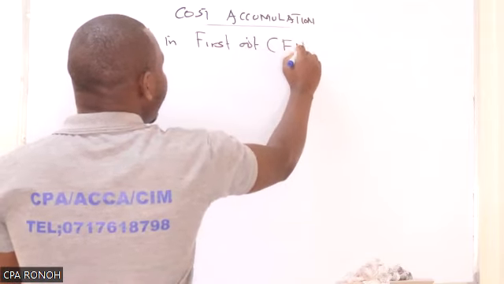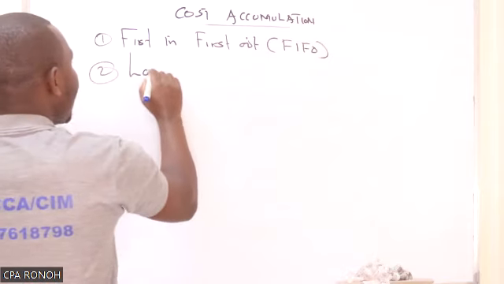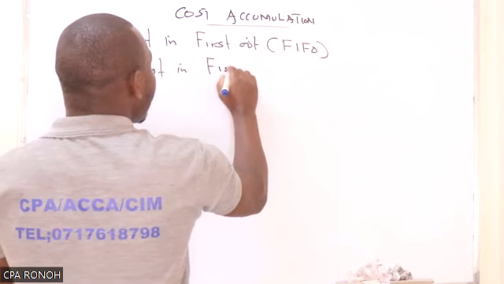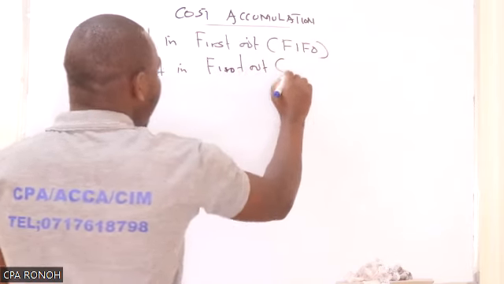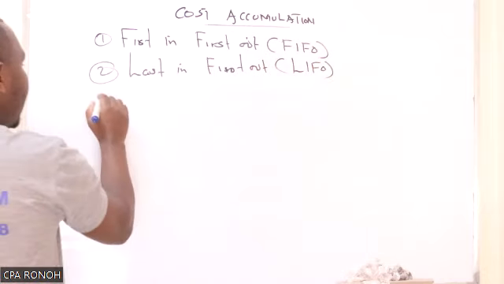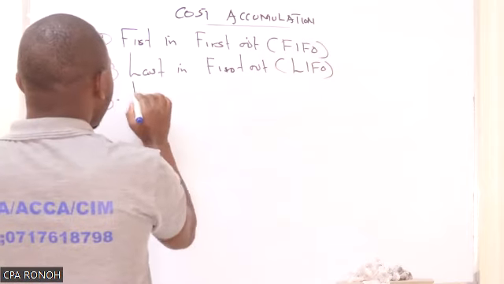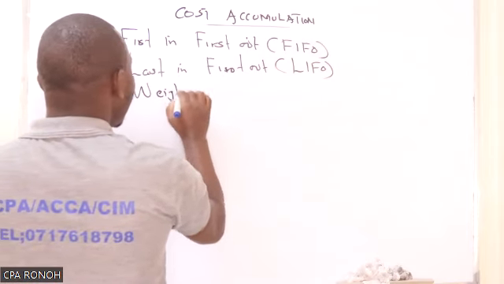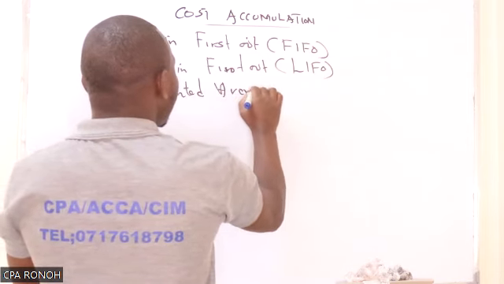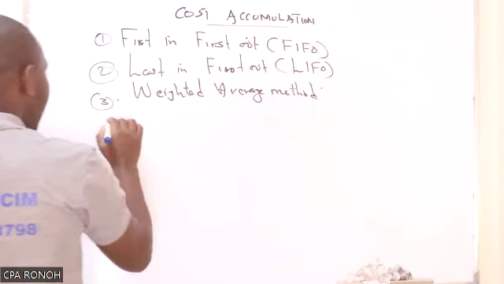Then number 2, we have last in, first out. Then number 3 is the weighted average method.